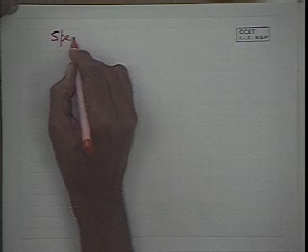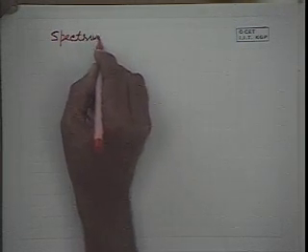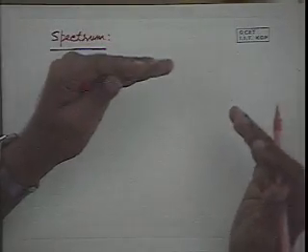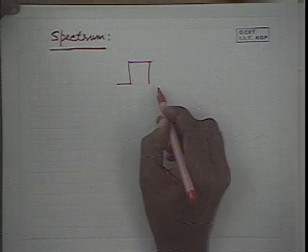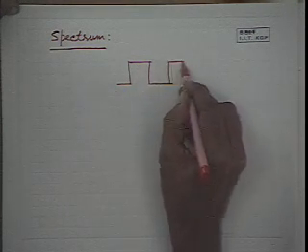Let us see a related concept known as spectrum. What do we mean by spectrum? When a signal is represented in frequency domain, it will have different frequency components. For example, a square wave like this. This is a square wave.